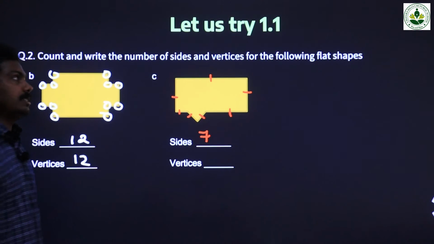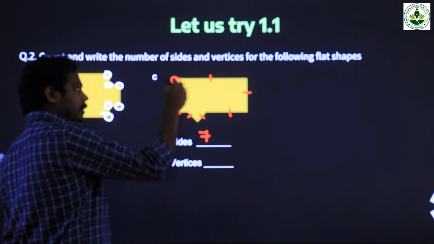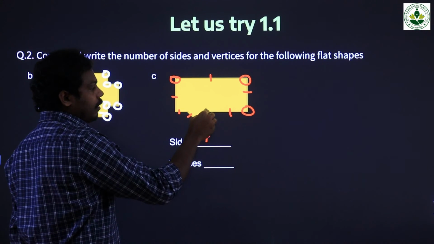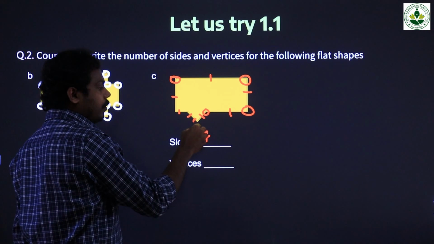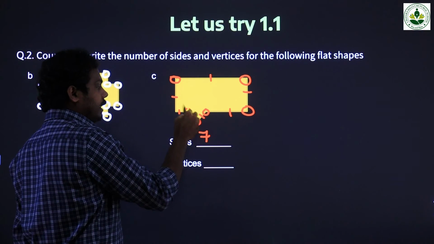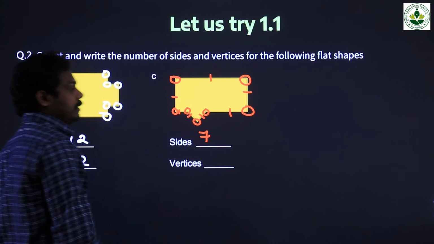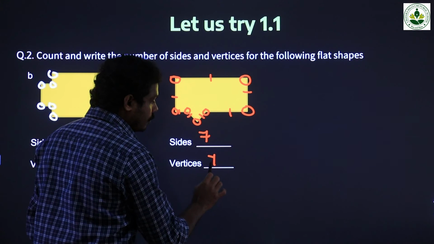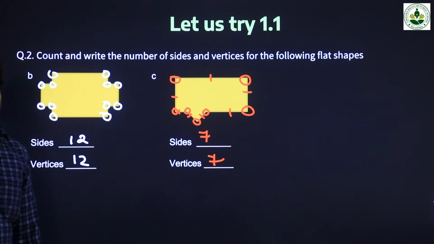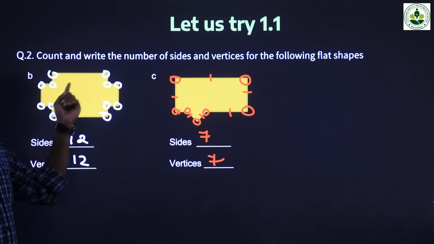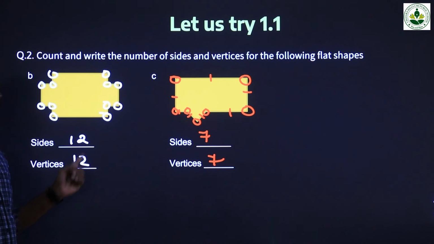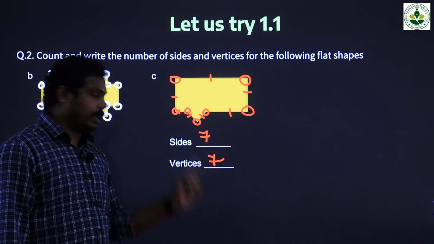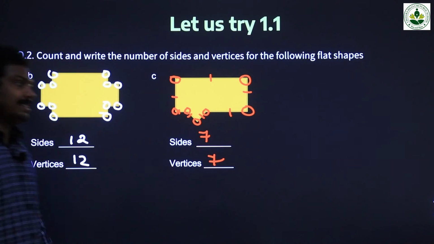The number of vertices 1, 2, 3, 4, 5, 6, 7. The number of vertices of this shape is also 7. In the first picture, the number of sides equal 12, number of vertices equal 12, and second picture, the number of sides equal 7, number of vertices equal 7.